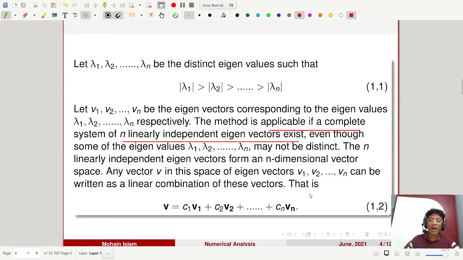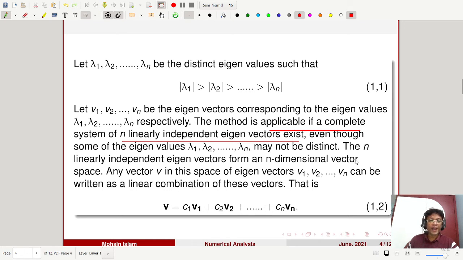This idea of linear independence of the eigenvectors came from the concept of vector space. In those linear algebra chapters, you have learned about the concept of eigenvalues, eigenvectors, their independence and dependence. Even though some of the eigenvalues may not be distinct, maybe some of the eigenvalues are similar, no problem. Then n linearly independent eigenvectors form an n-dimensional vector space.